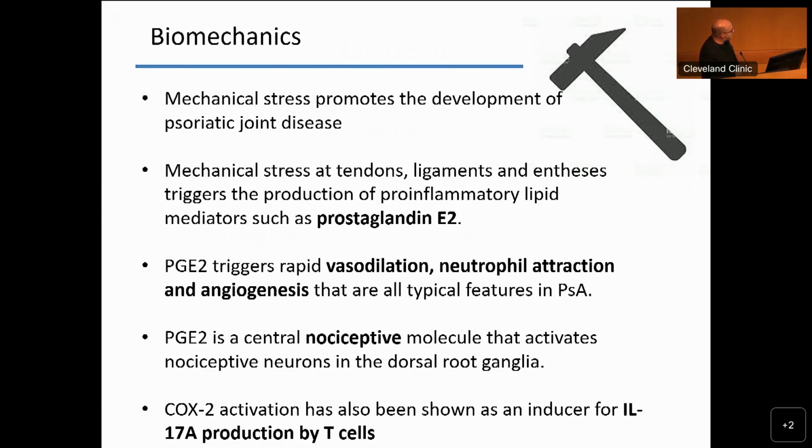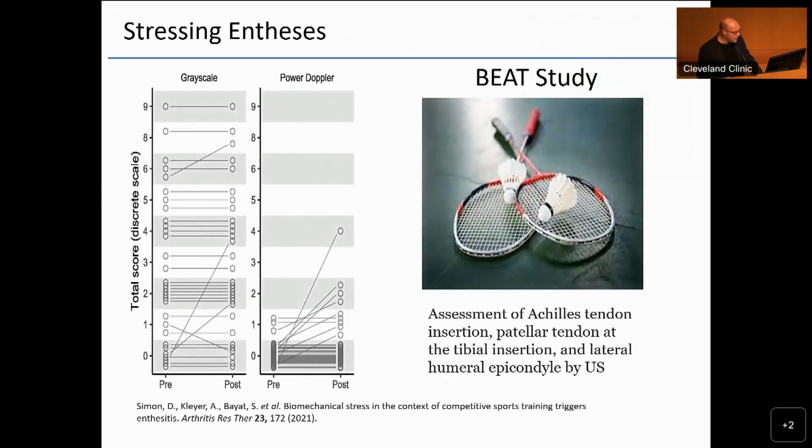And finally, there's an intimate link between COX-2 activation and interleukin-17 production, explaining sometimes why IL-17 can be produced in the absence of interleukin-23. Now, this strong mechanical link is shown here, that enthesial anatomical sites like the Achilles tendon insertion site, the patella tendon, and the lateral humeral epicondyle are actually stress responsive tissues.